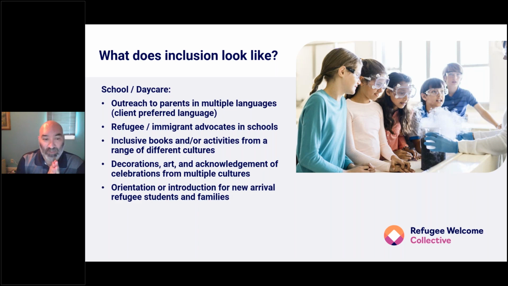Are there refugee and immigrant advocates within the schools? They're essentially like a family resource officer, or a school counselor, but specifically trained and with a particular interest in working and advocating for refugee and immigrant children within the school.